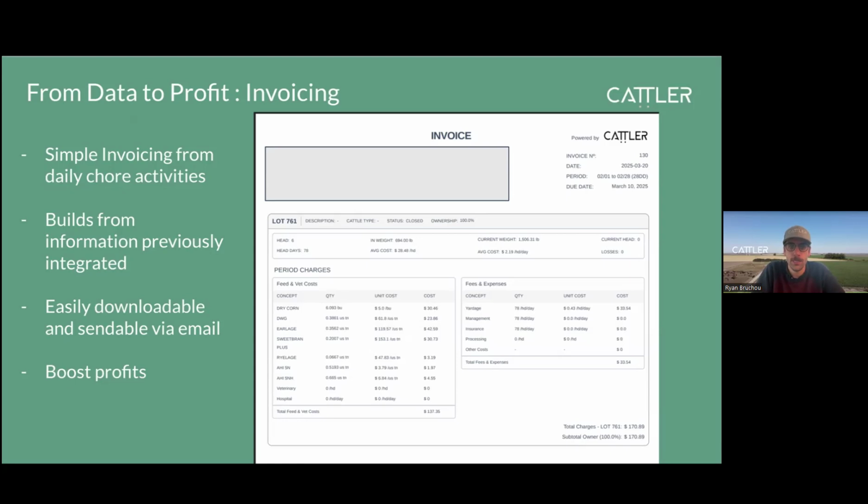And the goal is that with this, you'll be able to really understand, okay, these are the invoices that are going out, and how is this feeding into my daily business if I'm doing custom cattle, but also if I'm invoicing myself for different activities that I'm doing as well. But most importantly, all this is downloadable, sendable via email. Make it simple, make it fast, so you can just go from there.